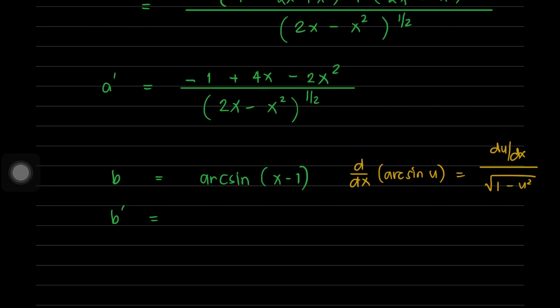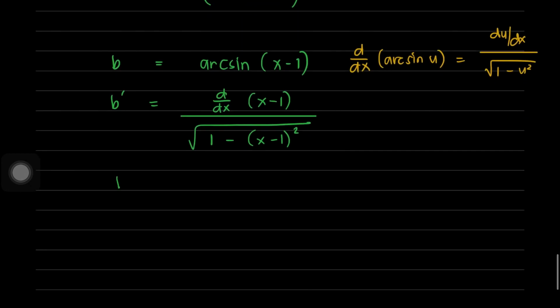So applying this formula, we now have the derivative with respect to x of x minus 1 all over the square root of 1 minus u squared, which is x minus 1 quantity squared.